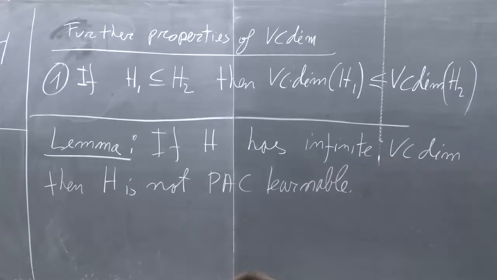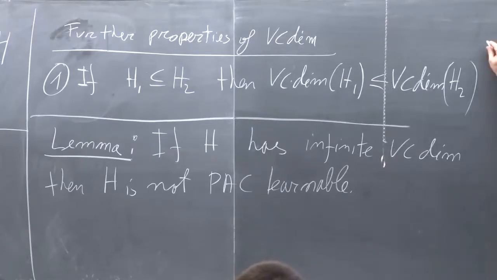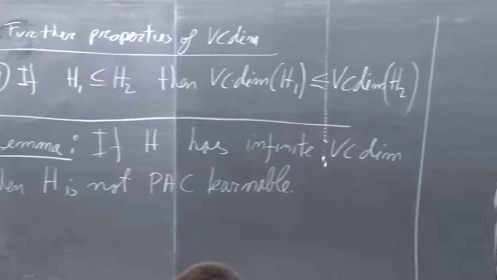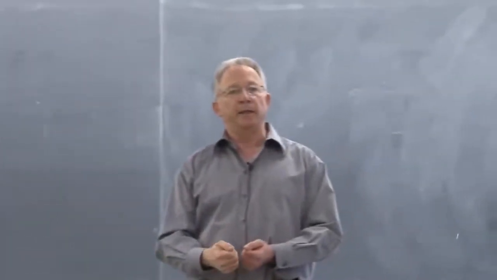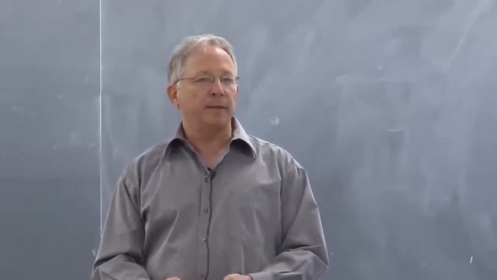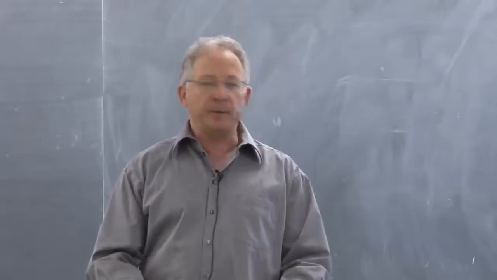So the VC dimension, we begin to see a relationship between the VC dimension and learnability. And note that if we look at our different notions of learnability, if it's not PAC learnable, then it's clearly not agnostic PAC learnable, and clearly ERM will not learn it.